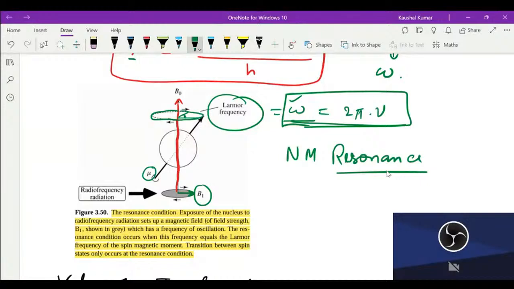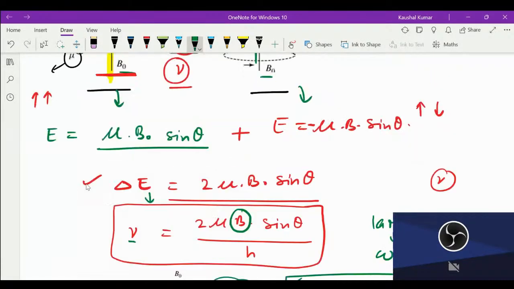That resonance is required to convert from one state to another state. This is your plus half, and this anti-parallel is minus half. So this is the resonance only.